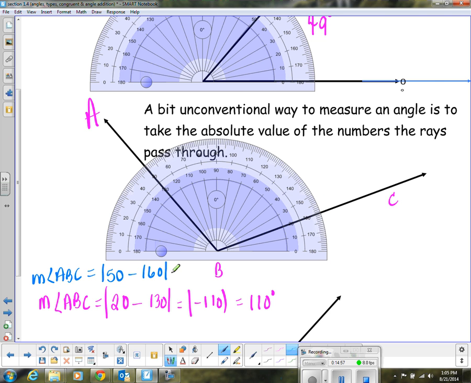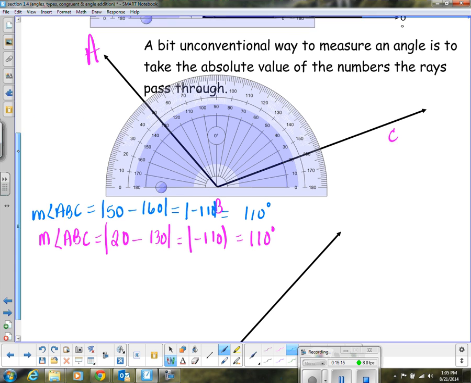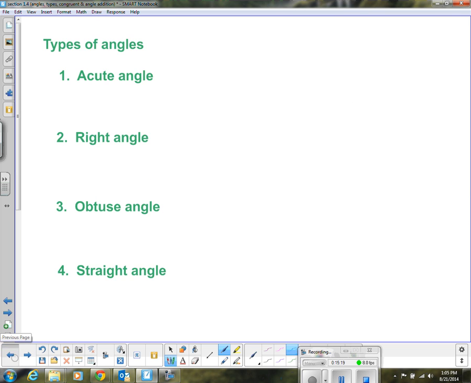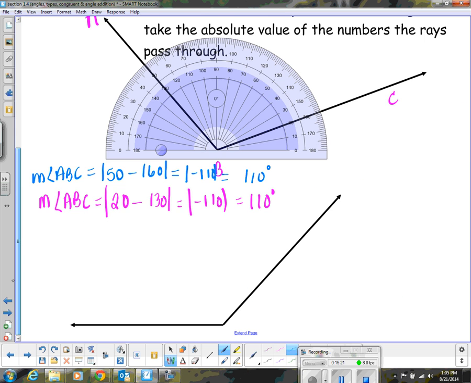So this is going to be the absolute value of negative 110, which is 110 degrees. But if you work with the outside numbers on this ray, you've got to work with the outside numbers on that ray. If you work with inside numbers on this ray, you've got to work with inside numbers on that ray.